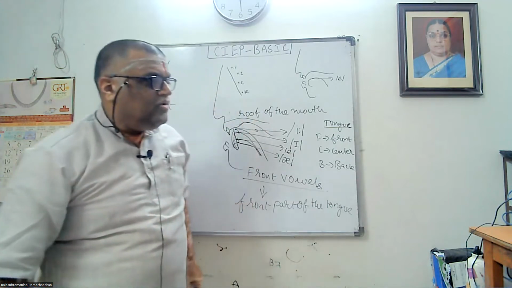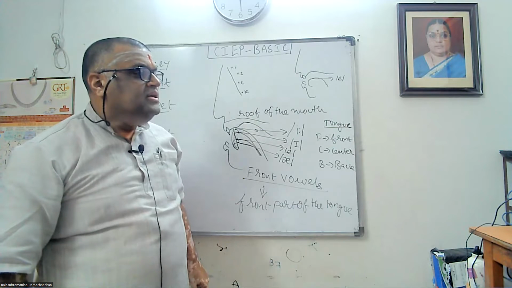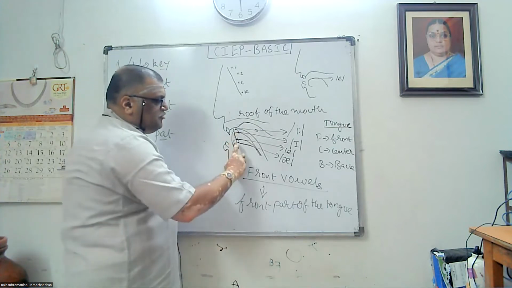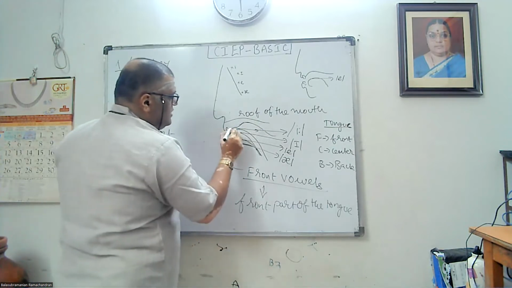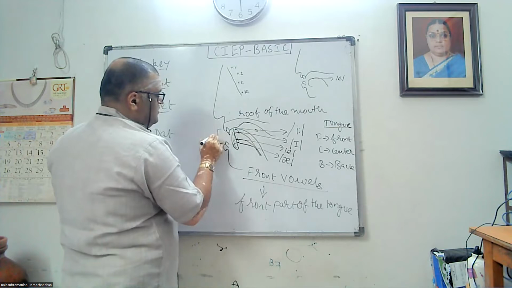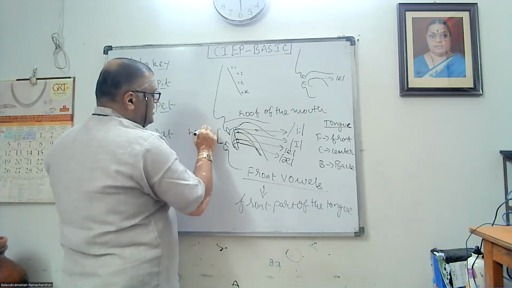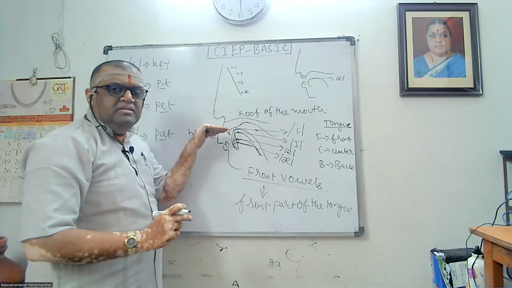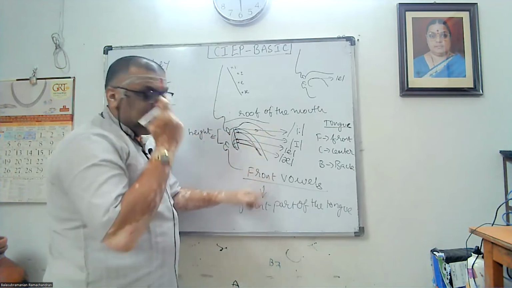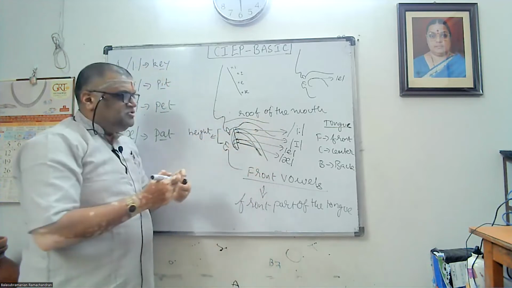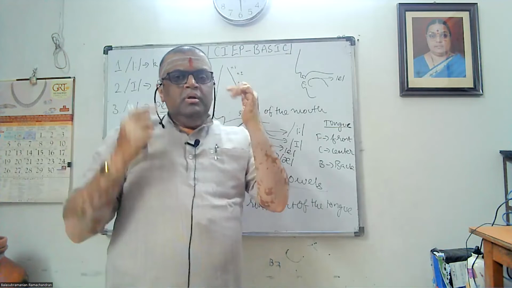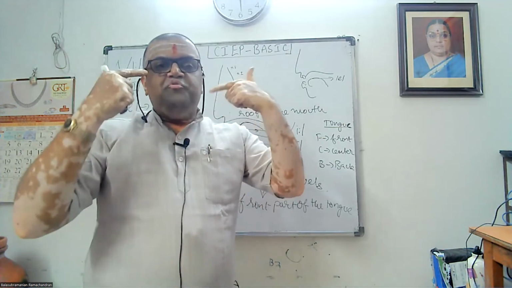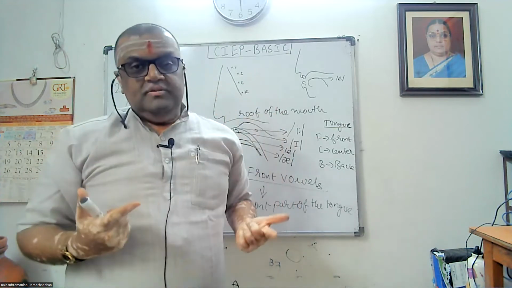So this is the height that the front part of the tongue attains to produce these four vowels. All these four vowels are front vowels. So now you have a category: those vowel sounds which you produce with the front part of the tongue are front vowels.